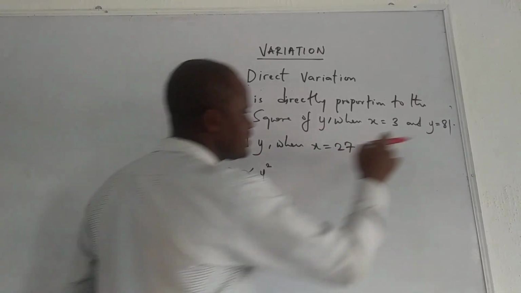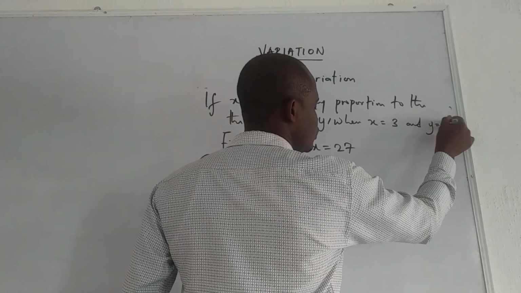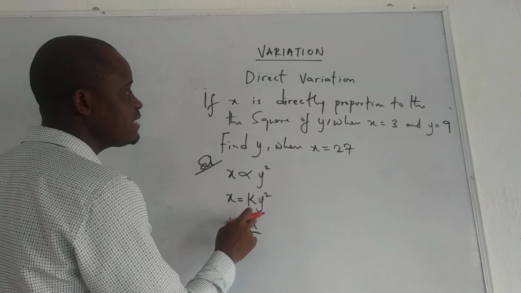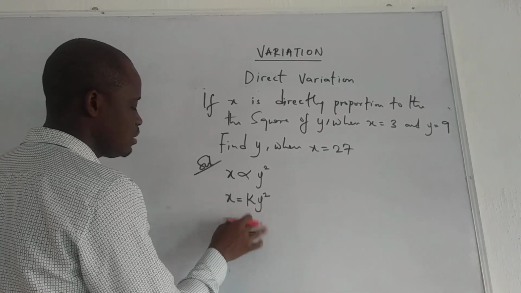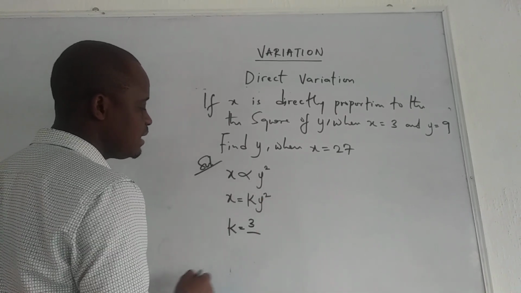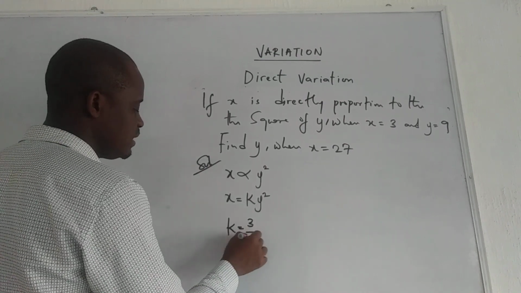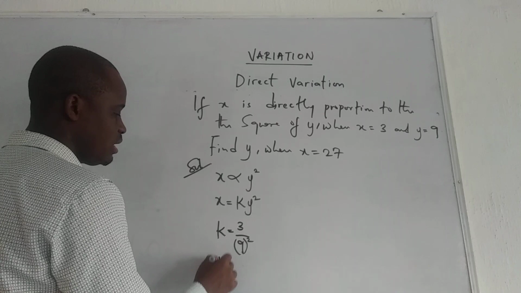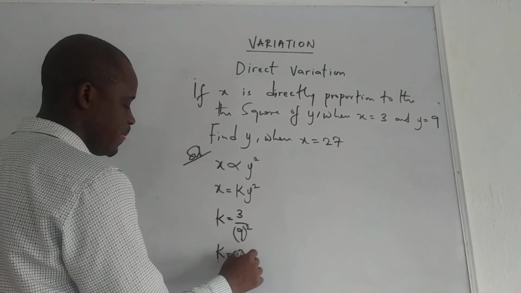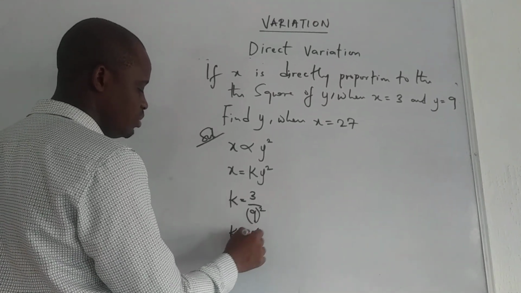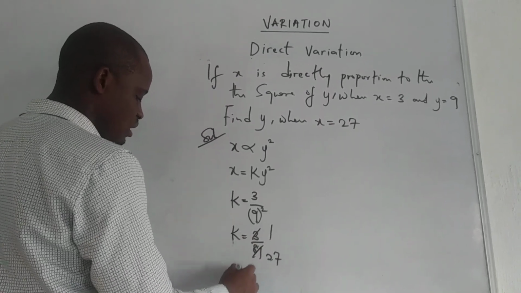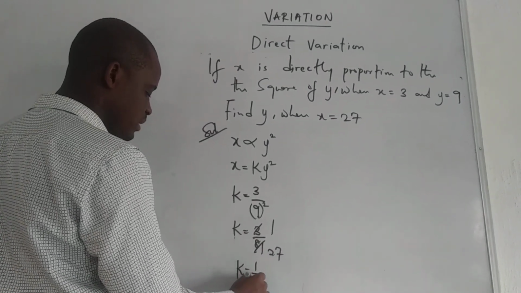Okay, let's probably make this 9, so our values will not be too bulky. That will be x over y squared. Our first set of values for x is 3, and your y squared will be 9 squared. So that will be k equals 3 over 81. 3 here 1, 3 here 27. So k equals 1 over 27.